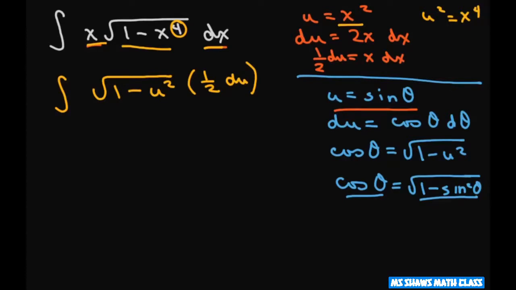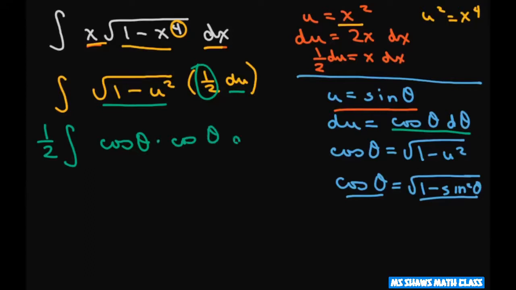So since we have that, I can rewrite this integral as, I'm going to pull this 1/2 out front of my integral, and then it's just going to be cosine theta, and then du is just going to be cosine theta d theta. So that's going to be times cosine theta d theta.